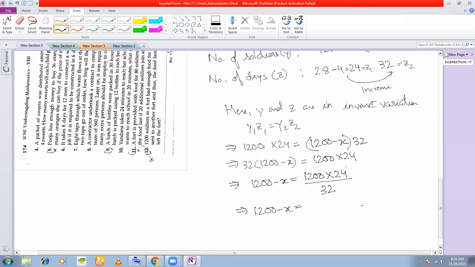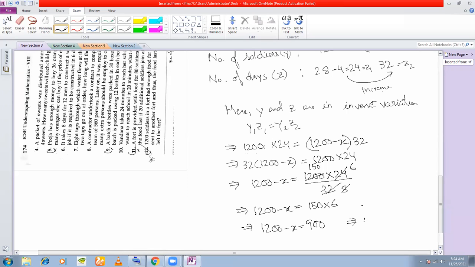You can cancel this with 4, 6 times or 8 times. Again, I think 1200 will also cancel with 8. This comes to 150 into 6, which is 900. So 1200 minus X is equal to 900.